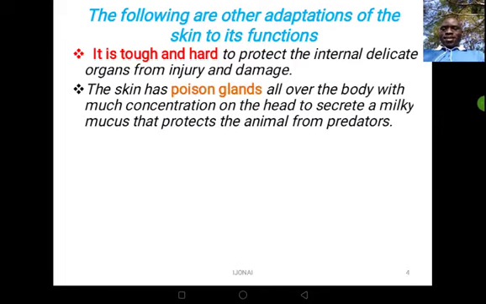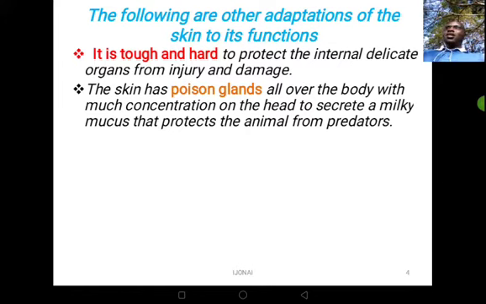And then the skin also has some poison glands. And these poison glands are more visible on the skin of the toad. Those poison glands that are found all over the body or more around the head region secrete a milky mucus that protects the animal from predators.